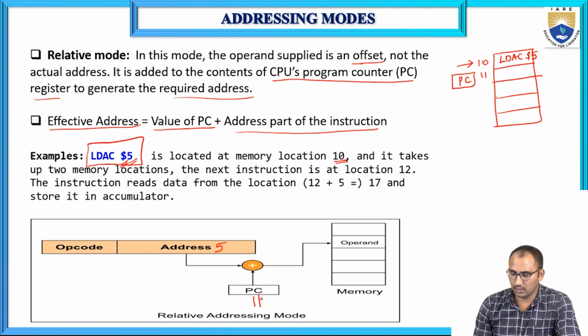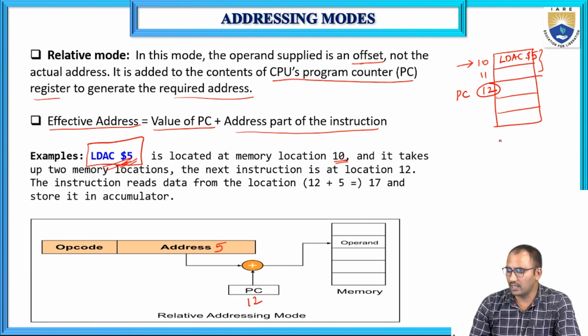The instruction takes 2 memory locations. That means this LDAC instruction occupies 2 memory locations, 10 and 11. So the next instruction will be available at the 12th location, and this address will be stored in the program counter. So now the program counter address is 12.